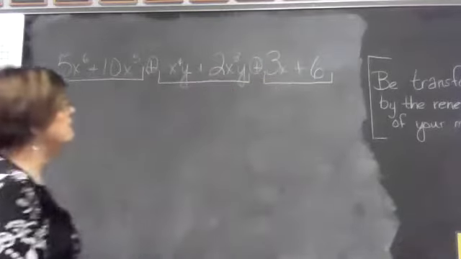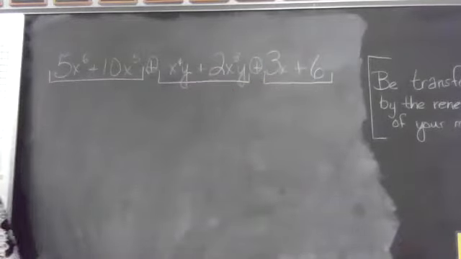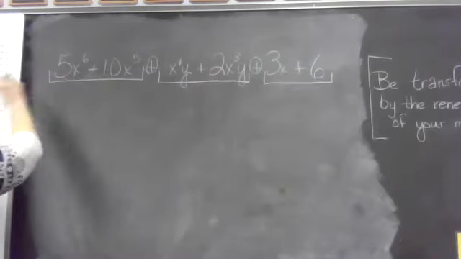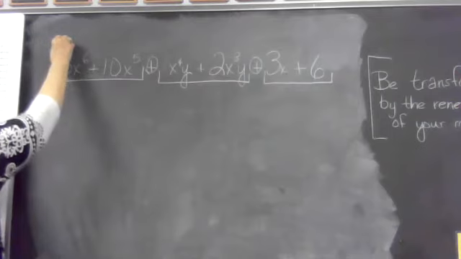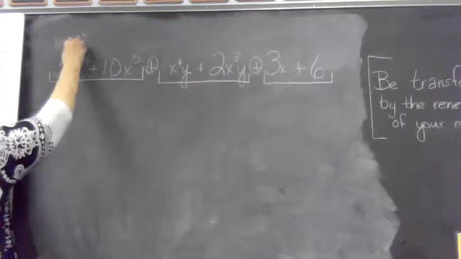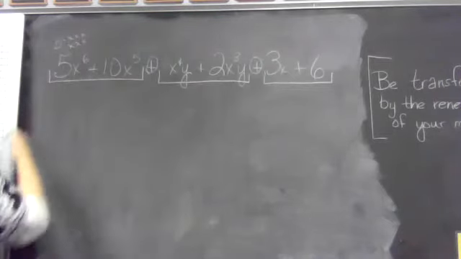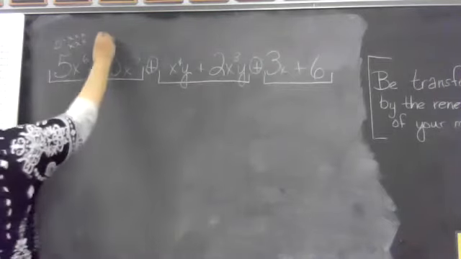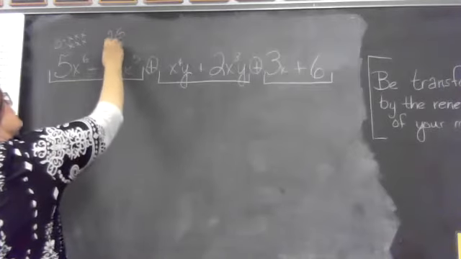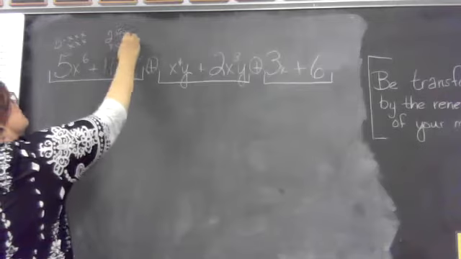We group them in sets of 2. Now we need to look at only this set and find the greatest common factor. I have 5 times x times x times x times x times x times x because there are 6 of them. Here I have 2 times 5 times x times x times x times x times x.